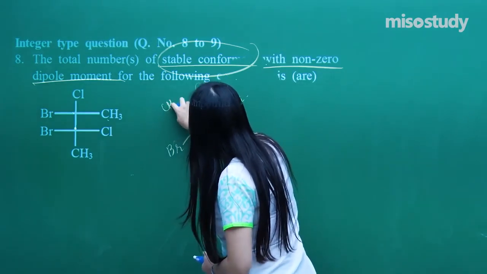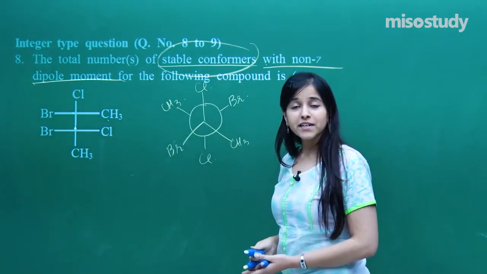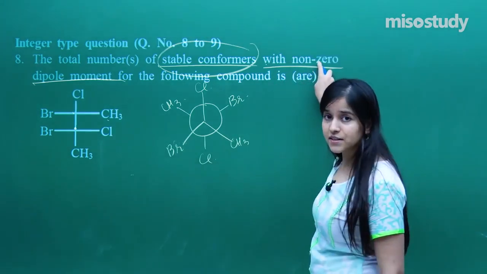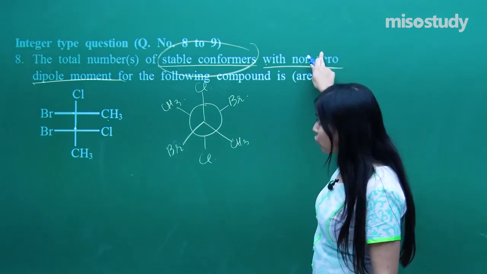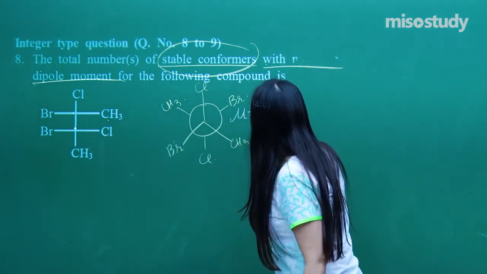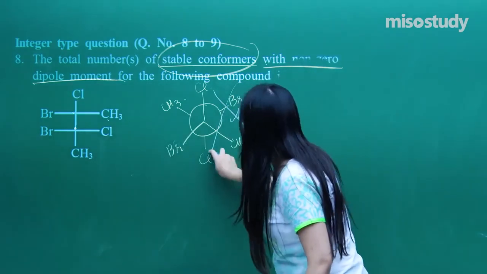If you observe over here, this has a zero dipole moment. This should not be considered, because they are asking about those conformers having non-zero dipole moment. So this is mu equals 0, which should not be the case.